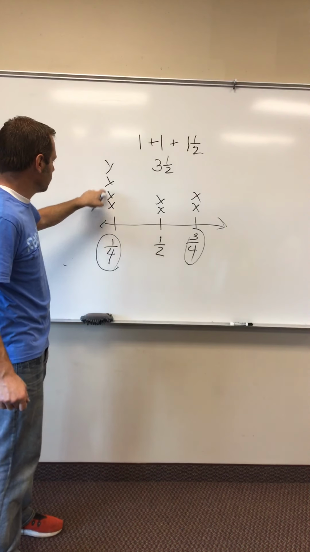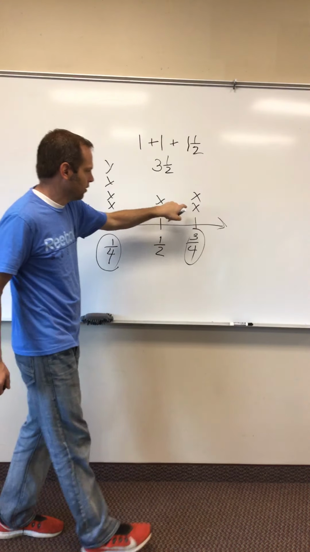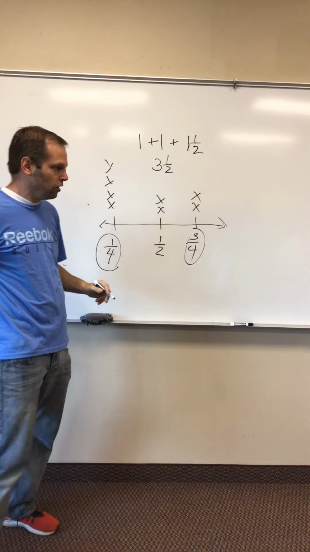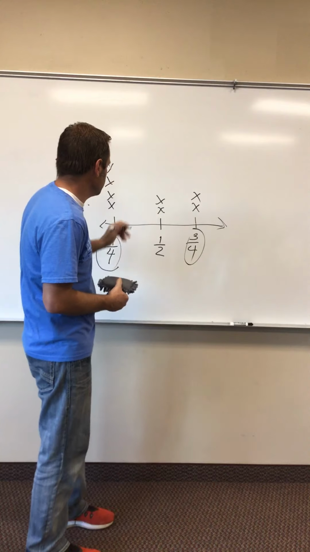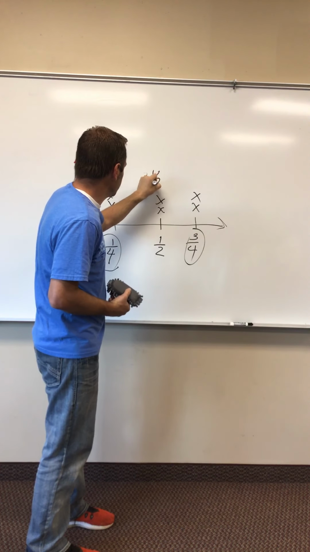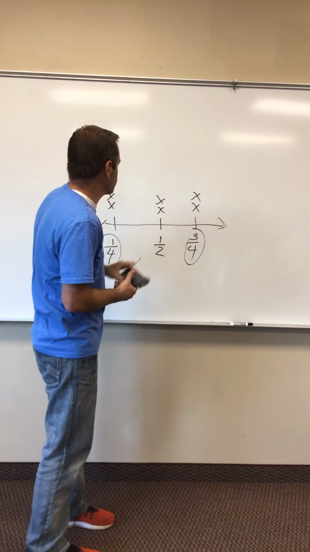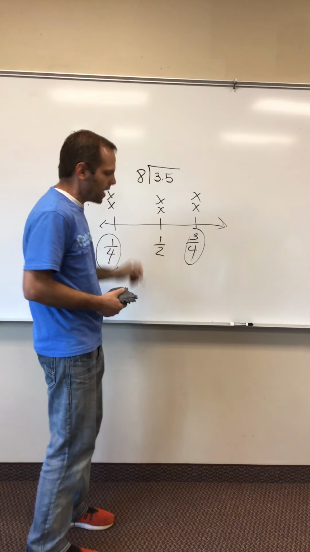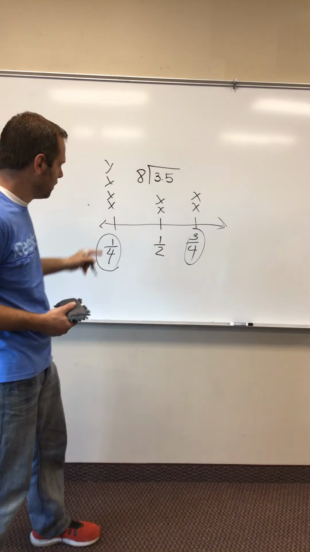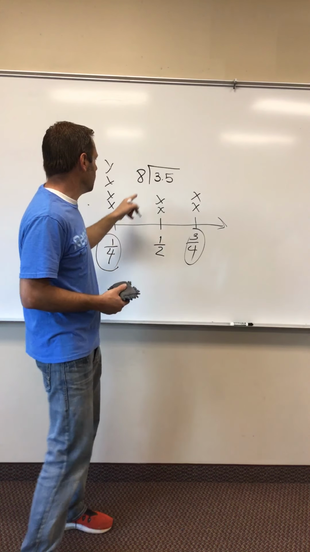So I have 1, 2, 3, 4, 5, 6, 7, 8 total. So I take 3.5, or let's write it differently, 3.5, and divide that by the 8 values that I have.